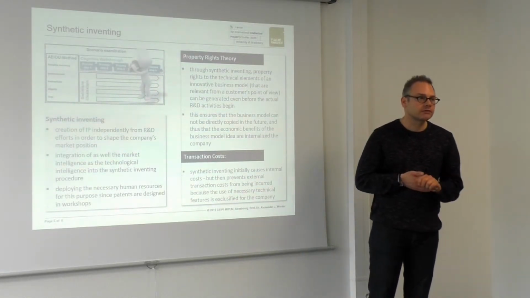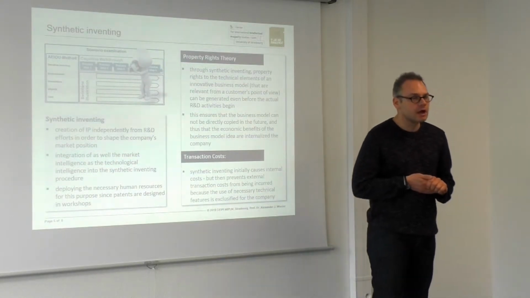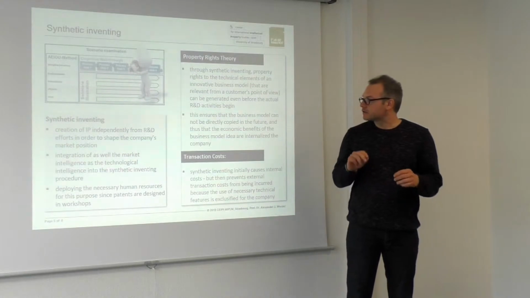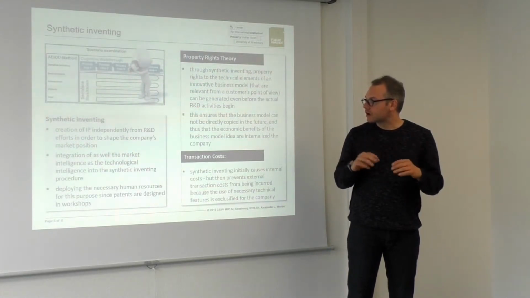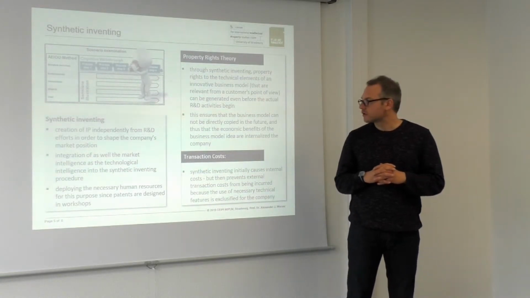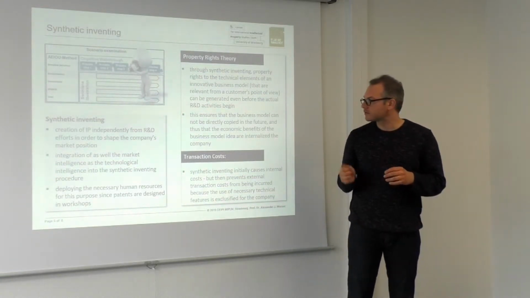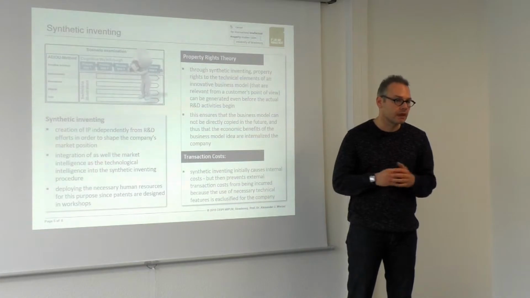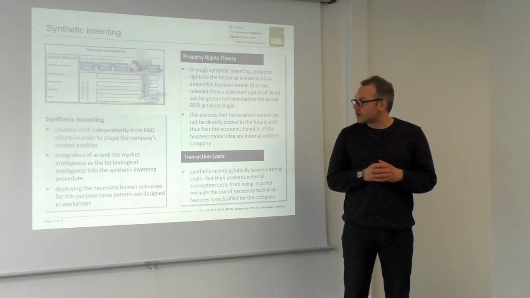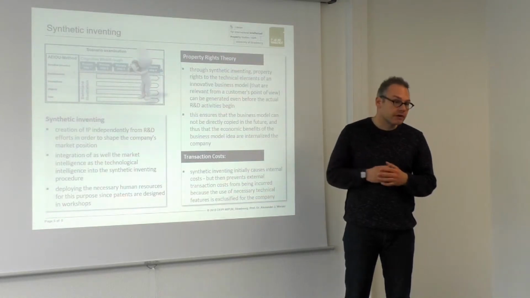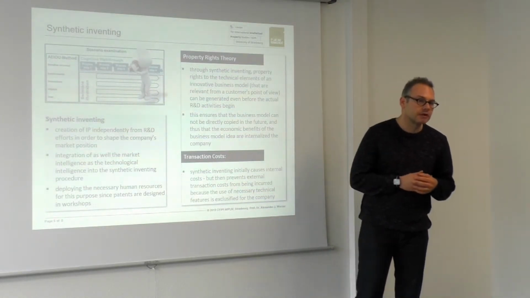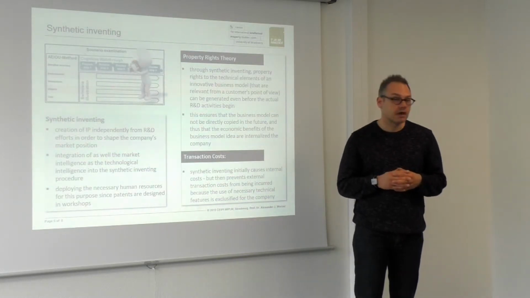But first and foremost, synthetic inventing looks at the business model and tries to look at where the future desired position of the company in the market is, and this is really where synthetic inventing starts. So one looks at how to get there or how to keep this position in the market and what the technical elements are that make this happen.